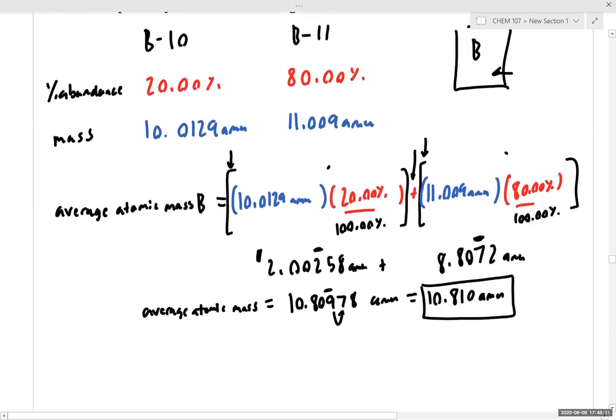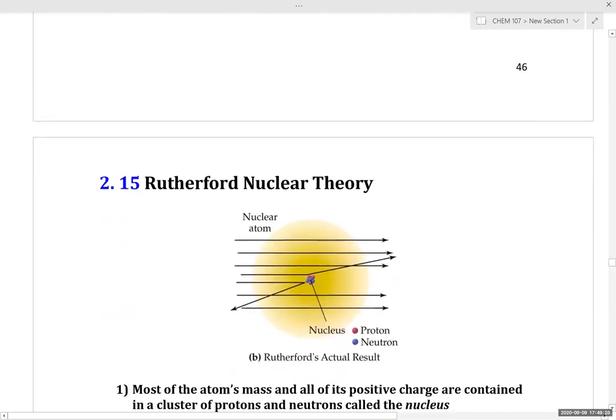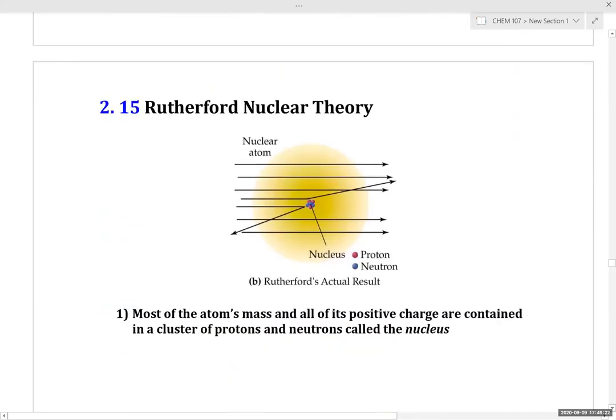Any other questions on this example? If not, let's keep going and let's talk a little bit about atomic structure. So we have our fundamental particles, our positively charged protons, our neutral neutrons, and our negatively charged electrons.